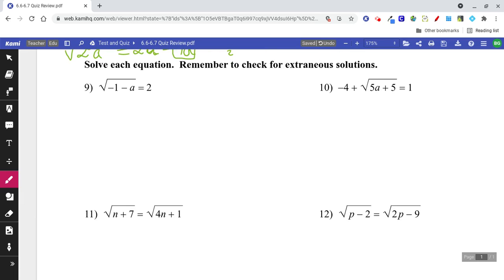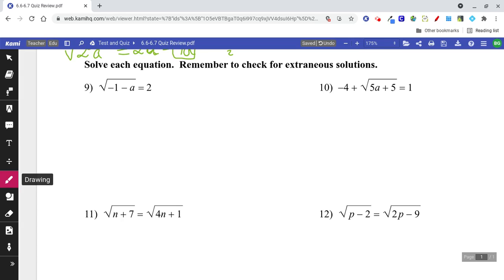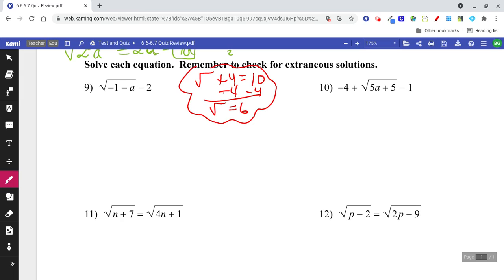Solve each equation. Okay, remember we want to isolate the radical. And a lot of the times there's going to be like a square root of something plus 4 equals 10 or whatever. We'd have to subtract that 4 over to get the radical by itself. You'd want radical equals 6 or whatever. All right, that's not part of this problem. This problem is already isolated. You've got this square root by itself already.